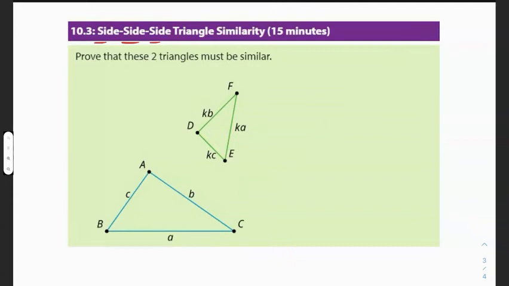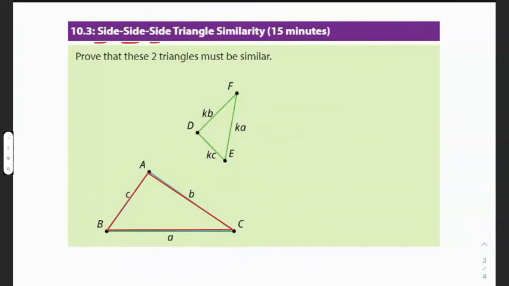So scale factors would mean that, let me trace it: we want ABC to map onto triangle DEF.